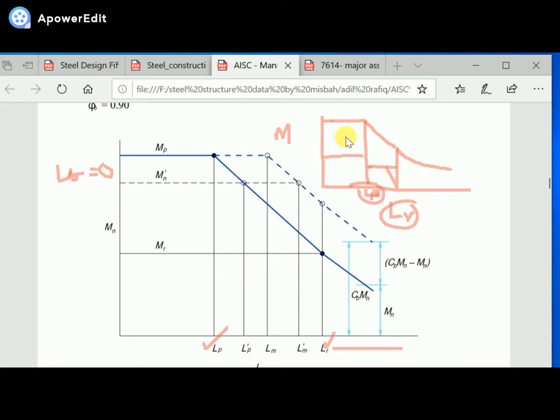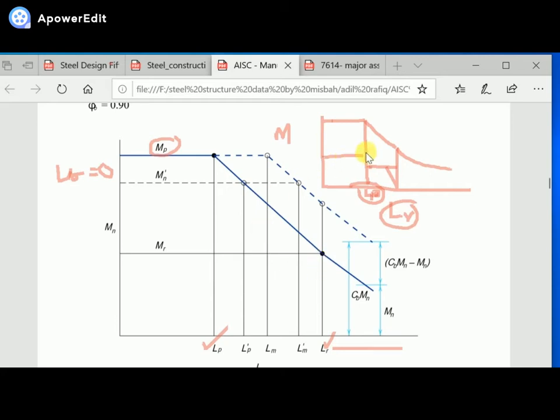The strength of the beam in this zone is denoted by MP, and the strength of the beam in this inclined zone is denoted by MR. MR is the limiting moment.